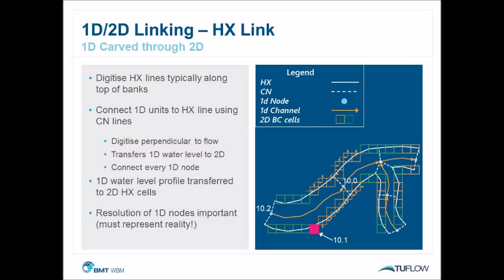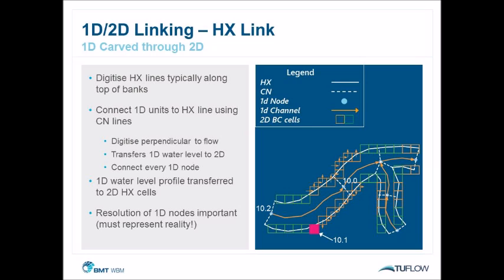We started testing this, and we actually found that by using the HX cells and applying the 1D water level profile along those HX cells, it actually worked quite nicely. So effectively what you do to set this up is your HX lines will normally be digitized along the top of the banks, or basically whatever the spill point is from your 1D onto your floodplain.